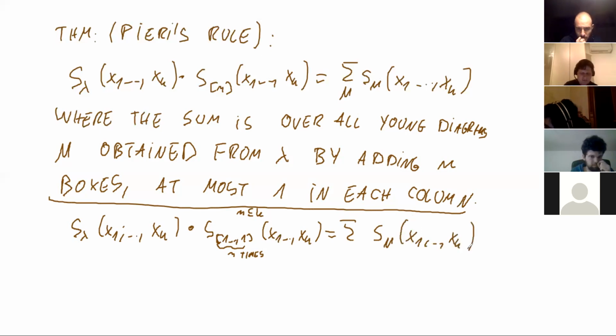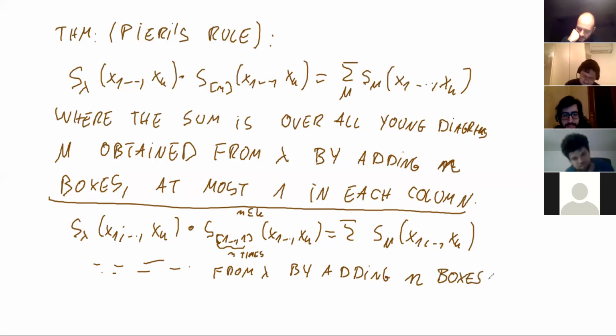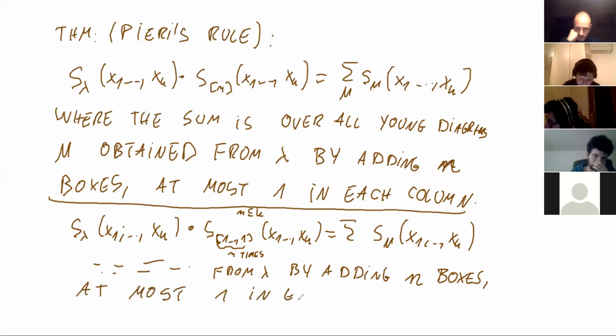But now the sum is over all Young diagrams mu obtained, so everything is as above, obtained from lambda by adding n boxes, at most one in each row.